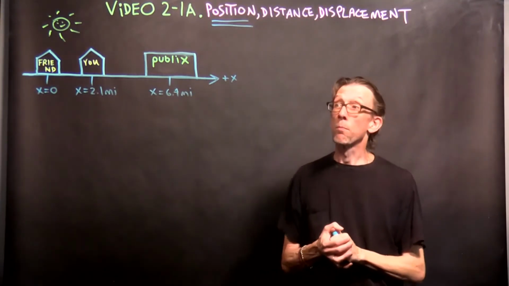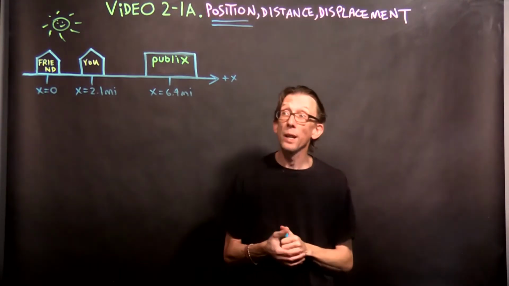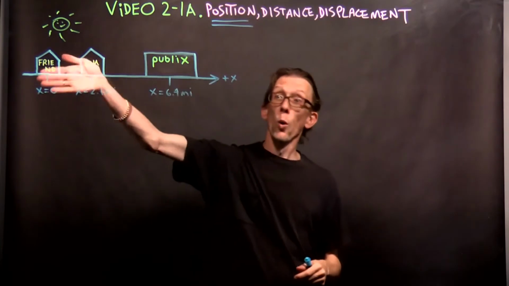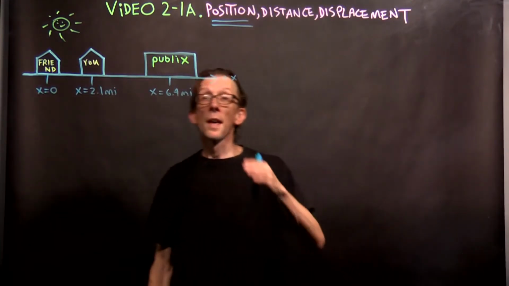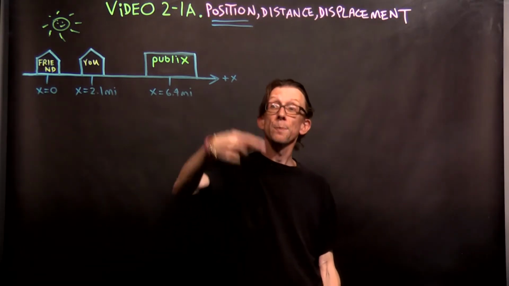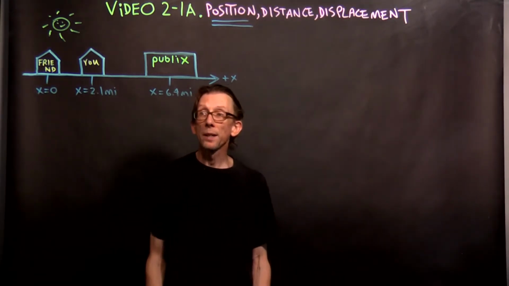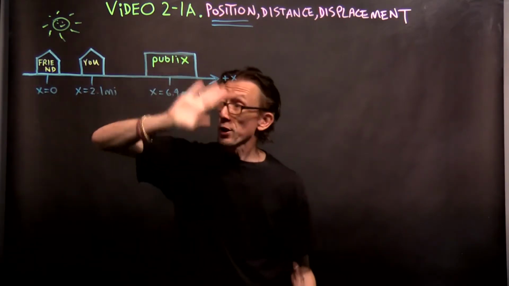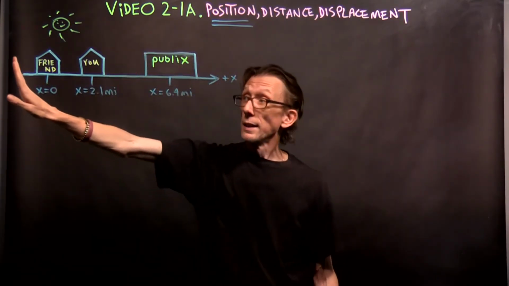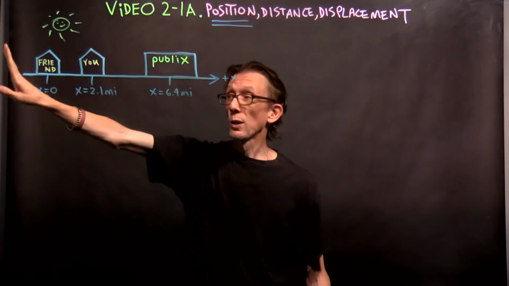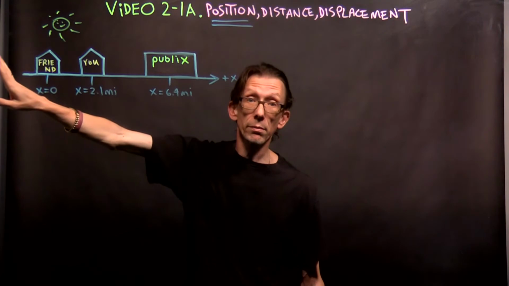X is the position of these three places on our coordinate system. Notice that we have called the right positive. Going to the right is positive, and what that means is that as you go to the right, you increase. If there was a third house down this way somewhere, it would have a negative position. Might be x equals negative 7 miles.